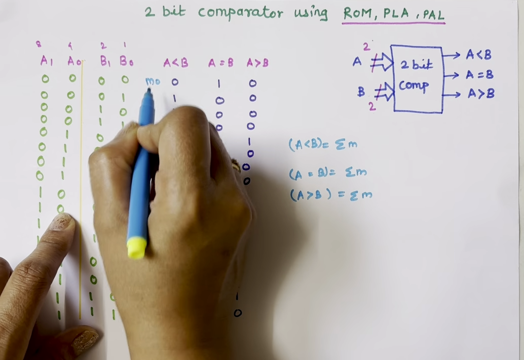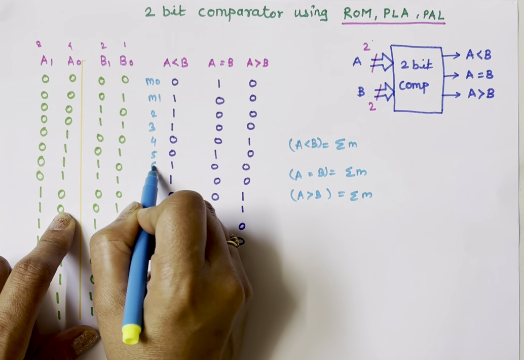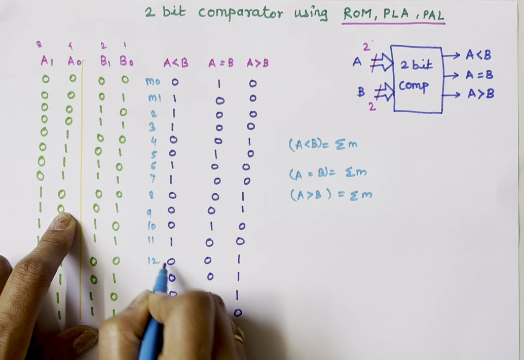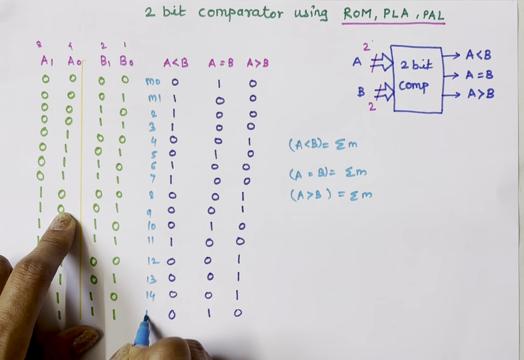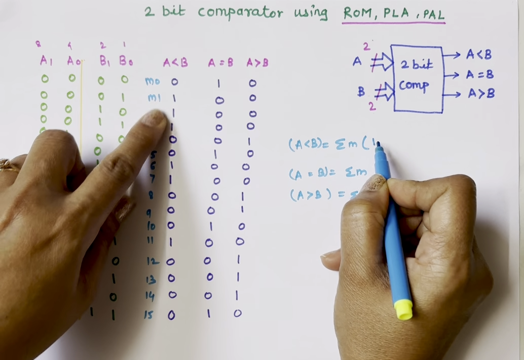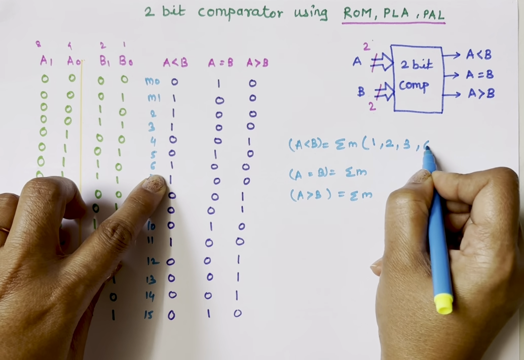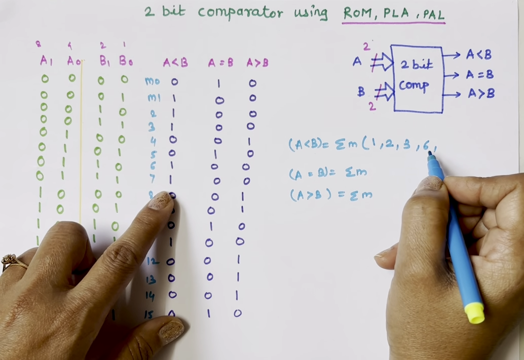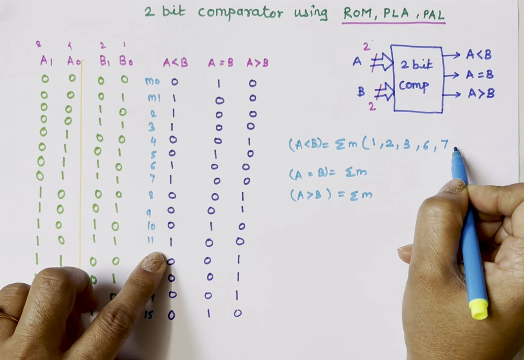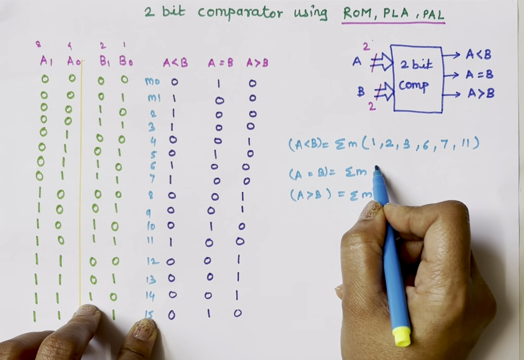This is m0, then this is m1, 2, 3, 4, 5, 6, 7, 8, 9, 10, 11, 12, 13, 14 and this is 15. So for A less than B, we are selecting the values which are 1, 2, 3, 6, 7, 11. That's it.